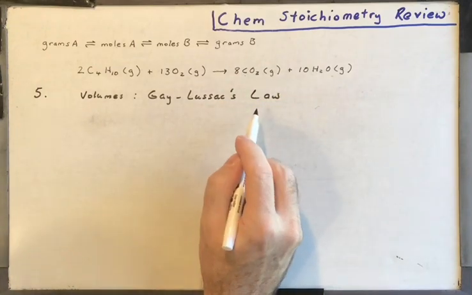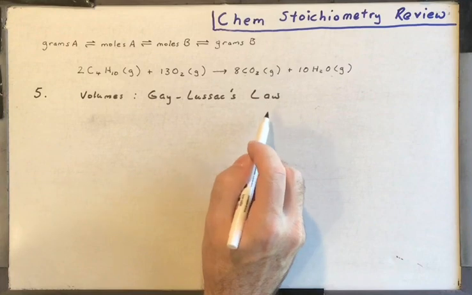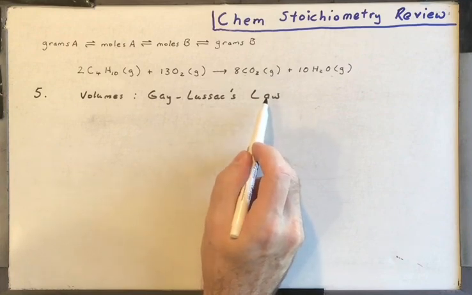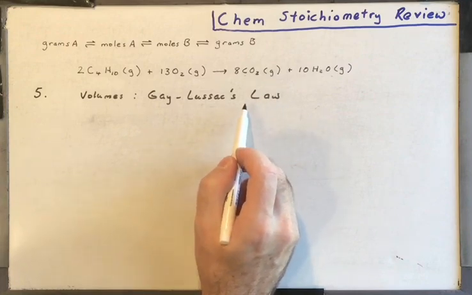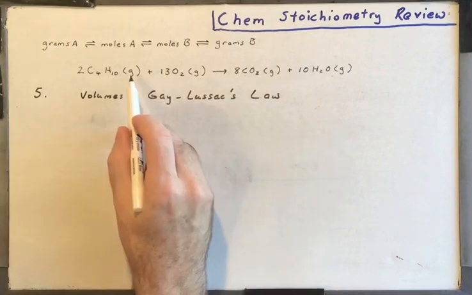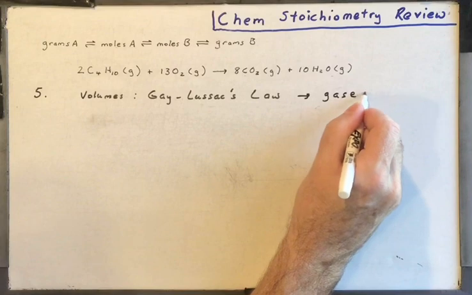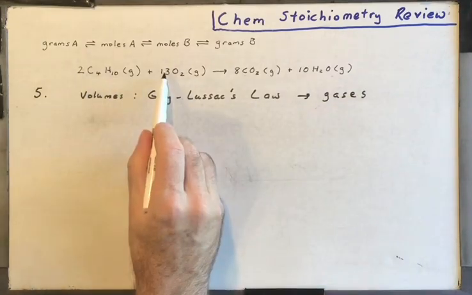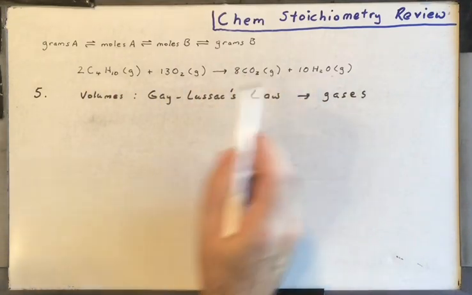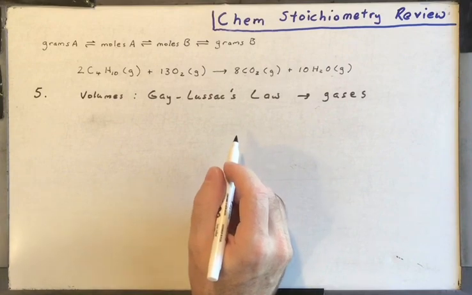Gay-Lussac's law allows you to compare volume of one substance to volume of another substance as long as it's gases. Has to be gases. So you can use the stoichiometric coefficients, the 2, the 13, the 8, and the 10, with gases to convert from liters to liters.